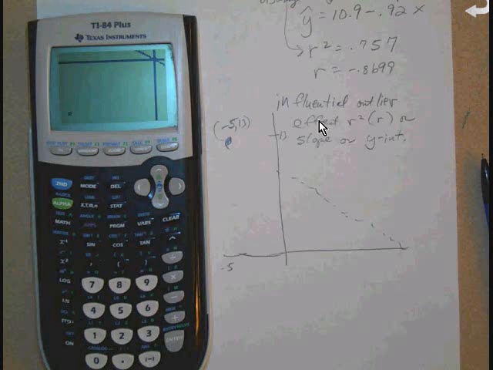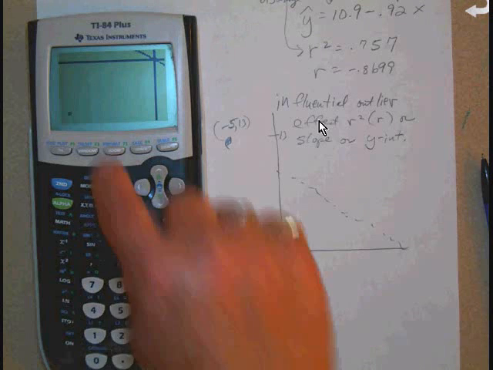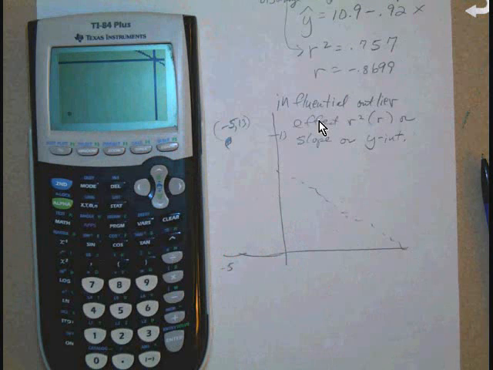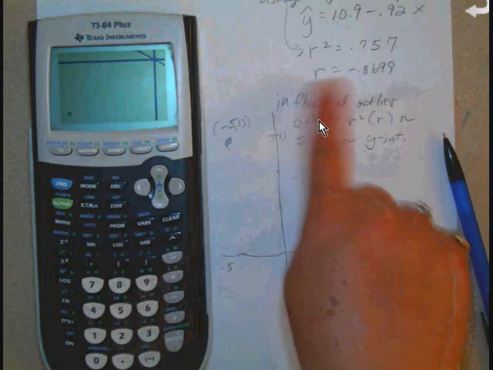It just goes to show you that an outlier can really affect your correlation.